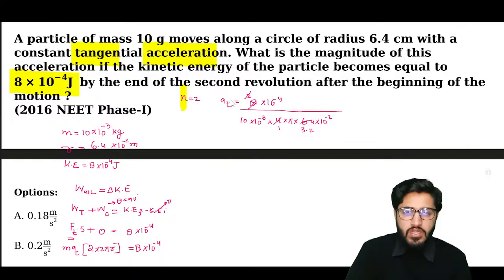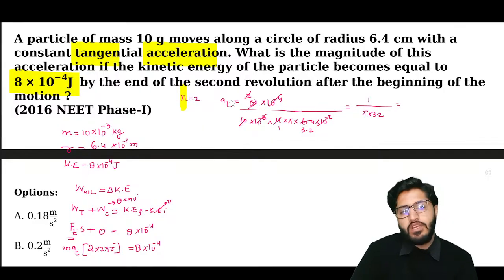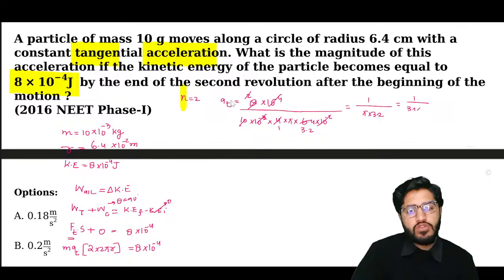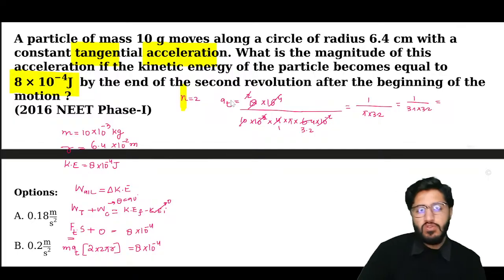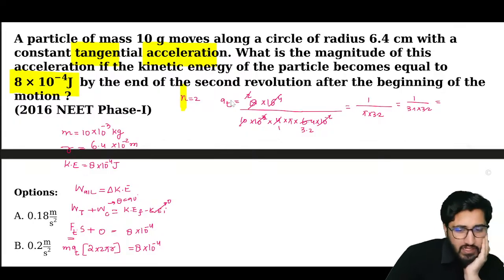Done. Look, 1, 2, then 2, 2, 4, 4, 4 cancel out. What do we have now? We have nothing upstairs. So we have now pi multiplied by 3.2. 3.2. Okay, so I can have 1 divided by 3.14 into 3.2. So it would be 0.0929.